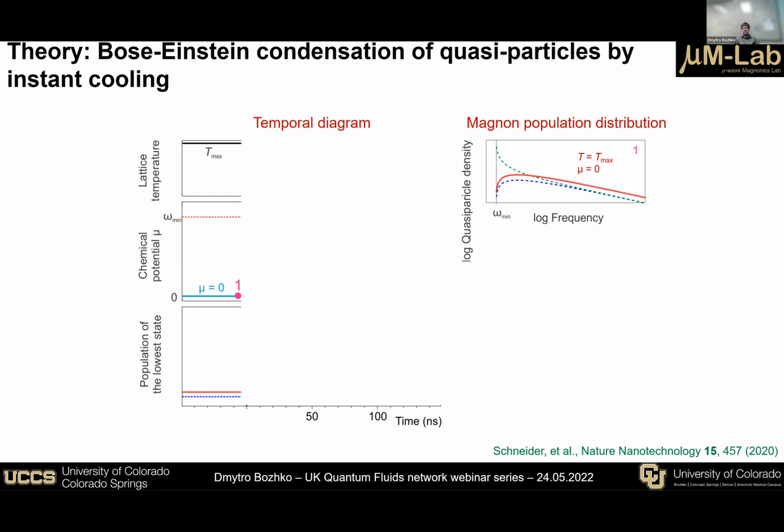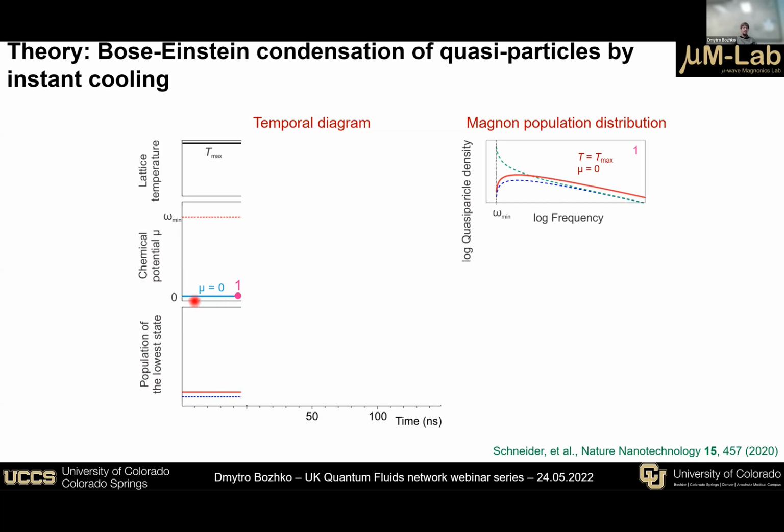The modeling of the system happens basically in time. We look at the evolution of the system, and we start with an already heated-up state. So here is the lattice temperature. Here is the chemical potential of the system, which we can compute from our theory, because we have access to all the frequency distributions, and the population of the lowest state is also very well available for us.